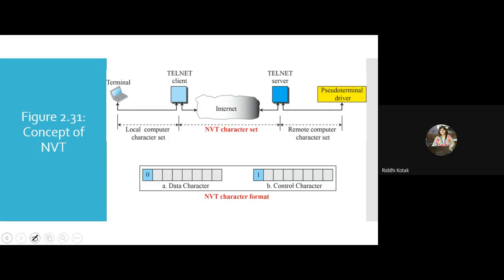In this case, from the terminal to the Telnet client, it will be local login because that is on the same path. Then from that client through the internet to the server. On the server side, again, it will maintain all the information in the form of pseudocode. As humans, we understand names, but the system understands binary.